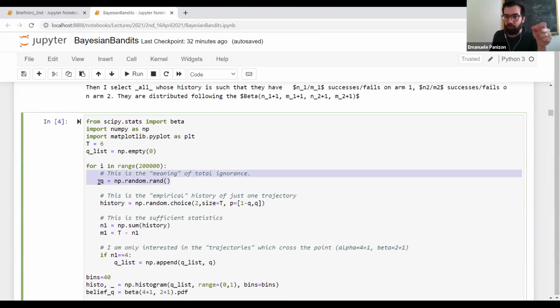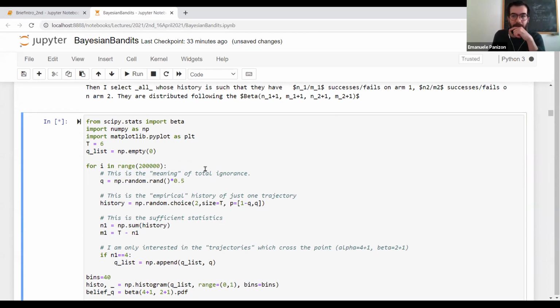I chose Q randomly from 0 to 1. Let's say I don't want to do that; I want to take them in another way. Instead of from 0 to 1, I take Q from 0 to a half.